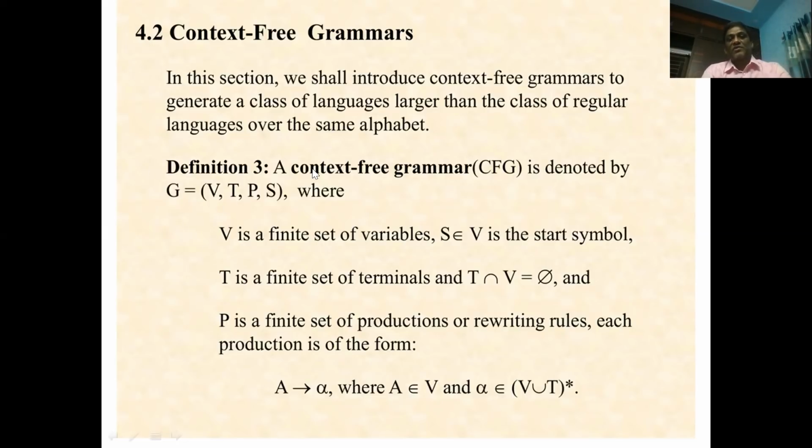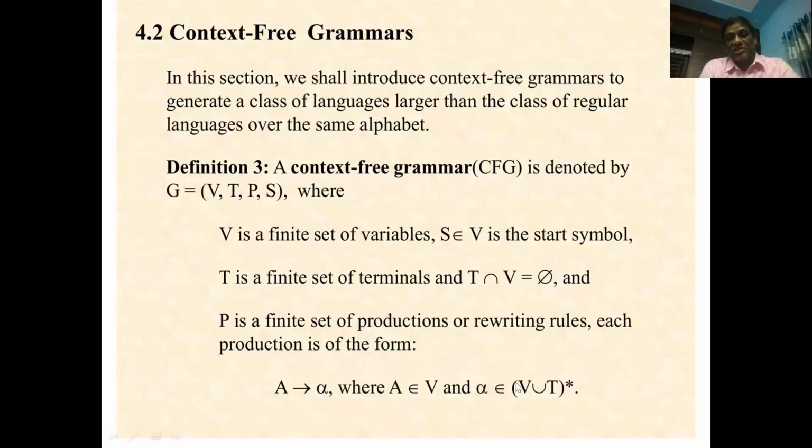Okay, so let us begin with the definition of context-free grammar. Any grammar is defined with the help of a four-tuple, a quadruple, V, T, P, S, where V is a set of variables, T is a set of terminals, P is a set of productions. This is important. Set of productions which are of the form, say, A implies alpha, where A belongs to V. That means the left side of any production, the LHS of any production, is a single variable.